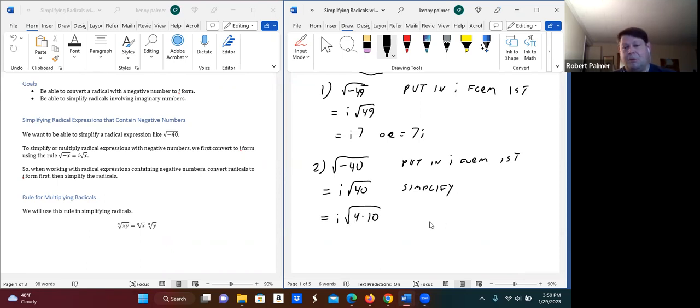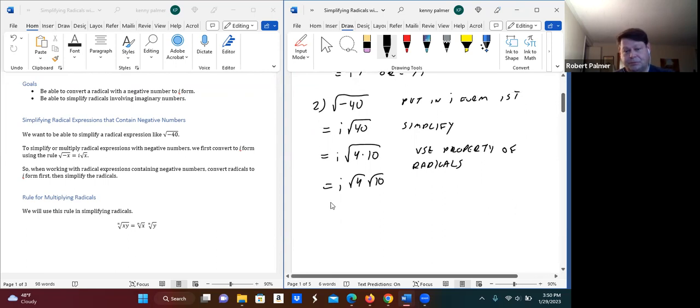Now we want to use this property of radicals. Since I'm multiplying on the inside, I can break this up into I times the square root of 4 times the square root of 10.